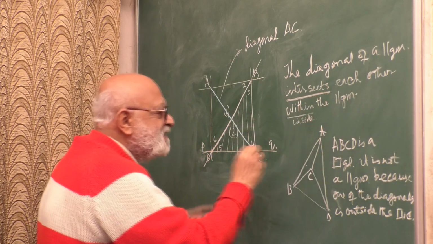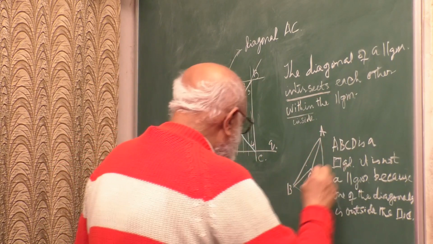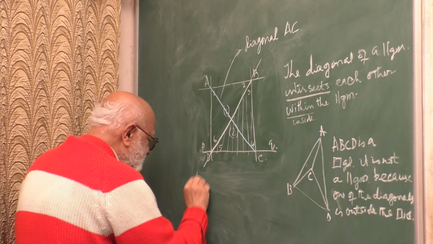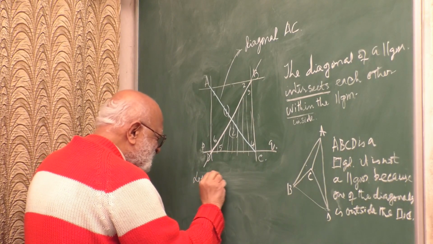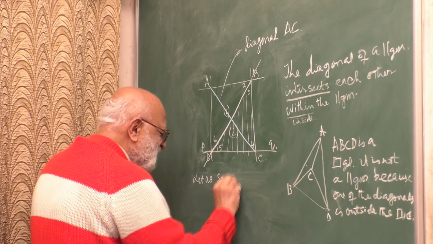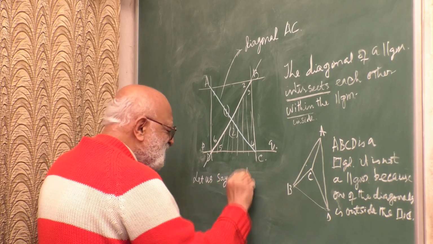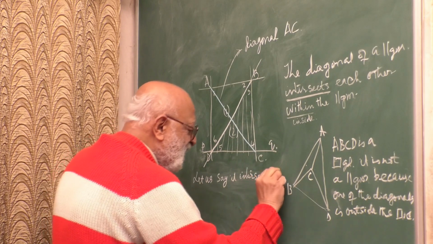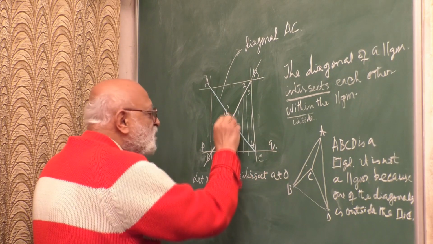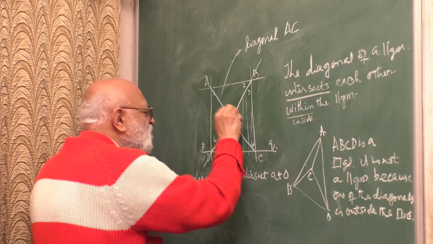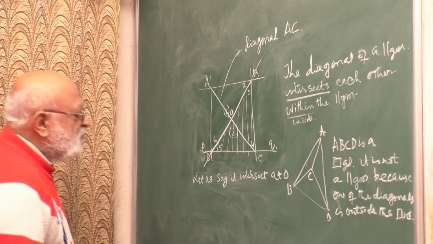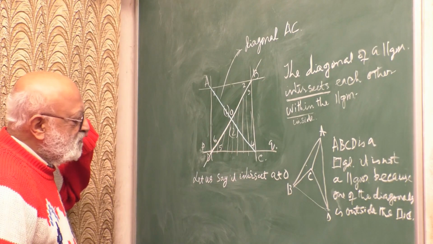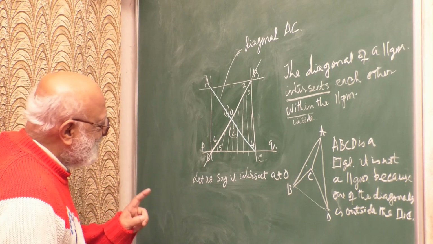So let us say it intersects at O. So we put this one as O. Okay, so it intersects at O. So this is okay.